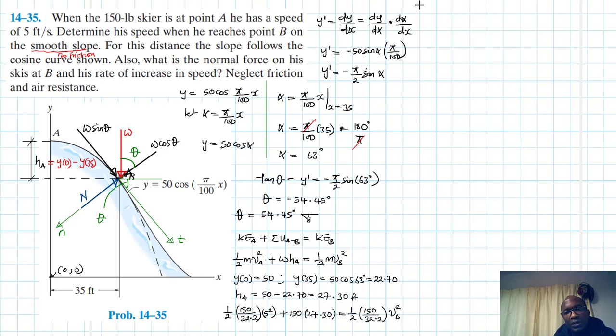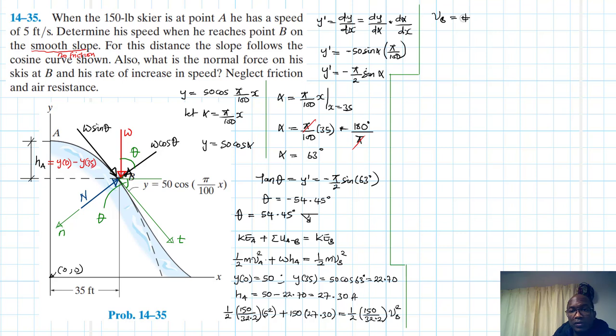Alright, so making VB the subject of the formula, our VB just becomes equal to the square root of 0.5 by 150 divided by 32.2 by 5 squared plus 150 by 27.3, divided by 0.5 by 150 divided by 32.2.